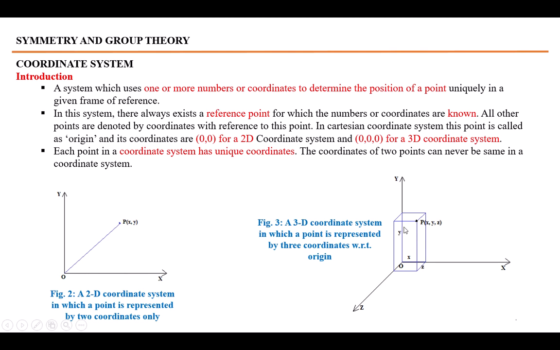All these lengths which are parallel to the y-axis will be taken to be y, and all these lengths which are parallel to the z-axis are taken to be z coordinates. So a point is mentioned by three coordinates. Each point has its unique coordinates in each frame of reference. The coordinates of two points can never be the same in a coordinate system.